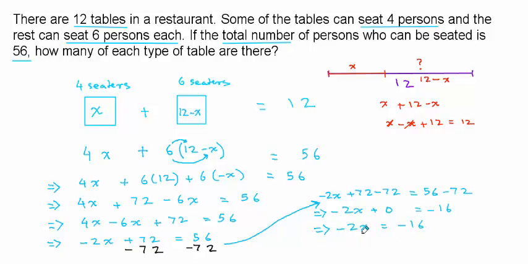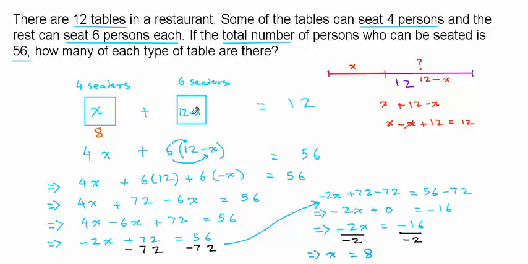We need x, we don't need negative 2x, and therefore, to get x, you divide both sides with negative 2. So we have x is equal to negative 16 over negative 2 is positive 8. The number of 4-seaters is 8.